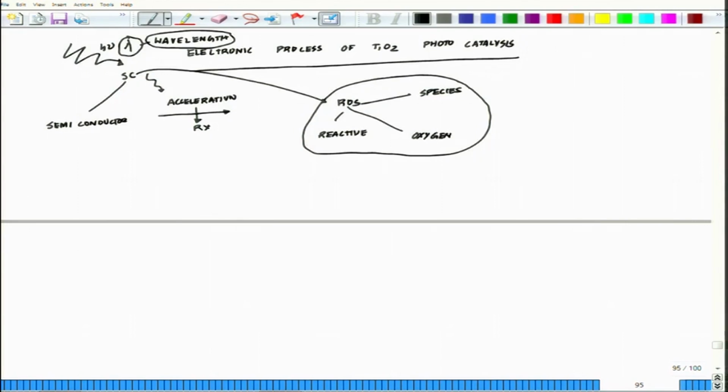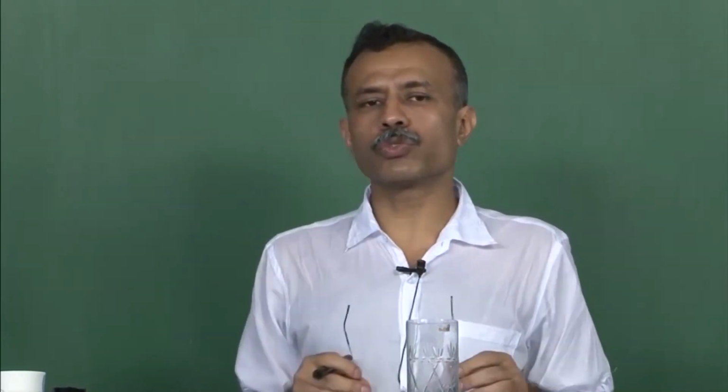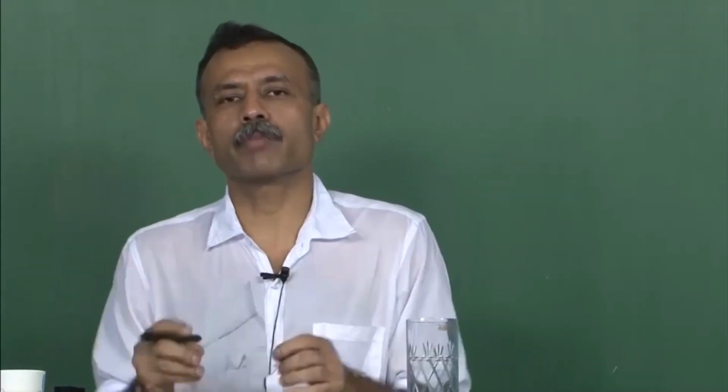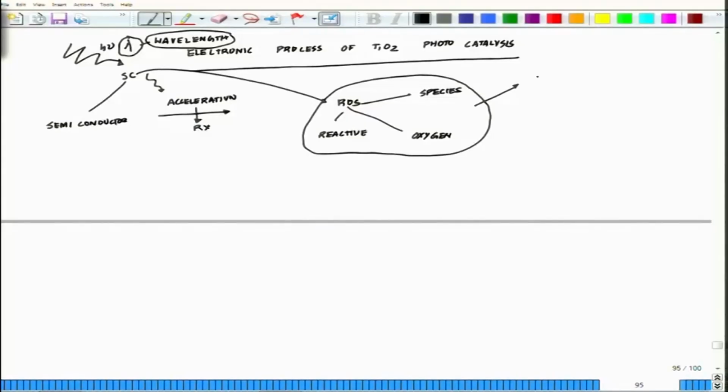As I told you, ROS is a double-edged sword. On one hand, it could lead to inflammation and diseases. On the other hand, in the human body itself, ROS could be used by the immune cells to fight against microbes. So, what we have learned in biology is that it could have a detrimental effect or a positive effect.